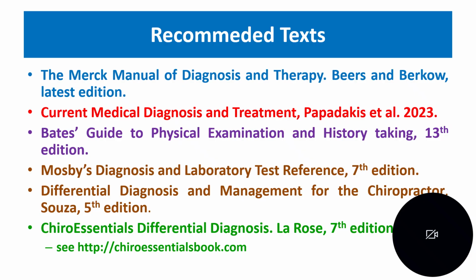Bates Guide to Physical Examination and History Taking, the 13th edition. Mosby's Diagnosis and Laboratory Test Reference, the 7th edition. Sousa's Differential Diagnosis and Management for the Chiropractor, and LaRosa's Chiro Essentials Differential Diagnosis, the 7th edition.